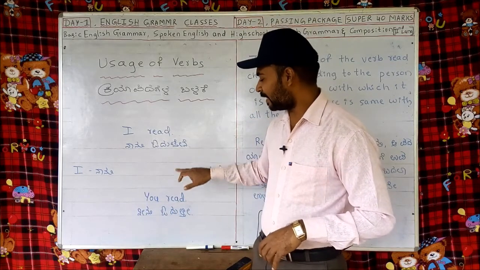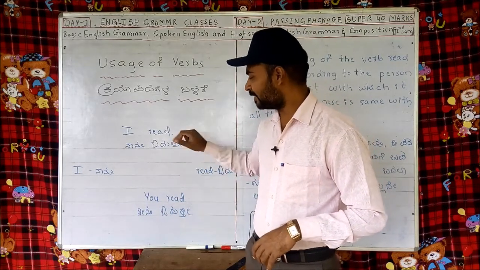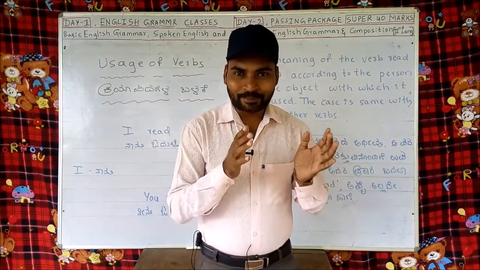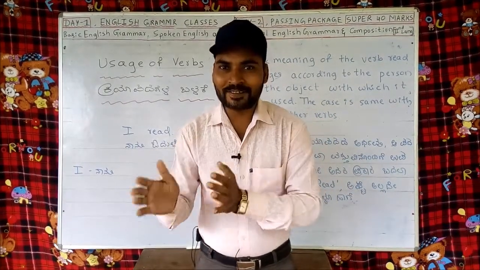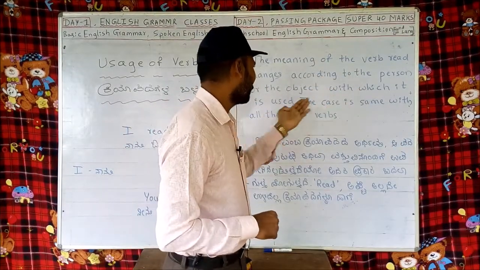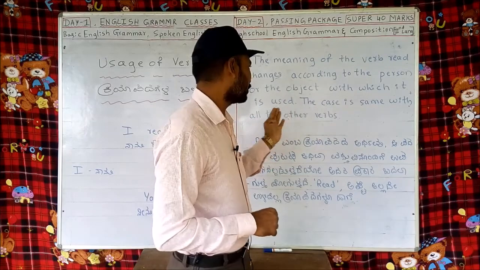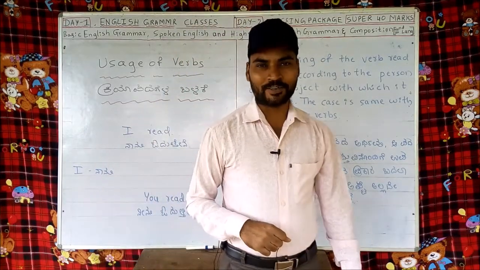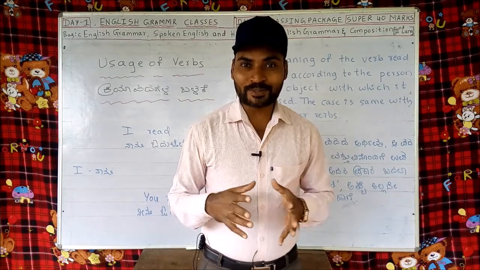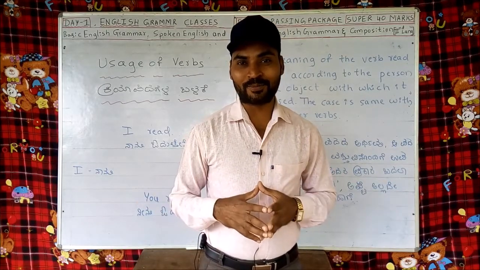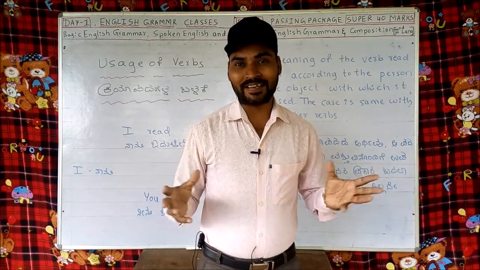Here oduttene, here odutti. Read is the same. So according to the pronouns, the meaning of the verb also changes. The meaning of the verb read changes according to the person or the object with which it is used. The case is the same with all the other verbs. The topic of verbs is very interesting. The more we analyze the topic of verbs, the more realizations we get.